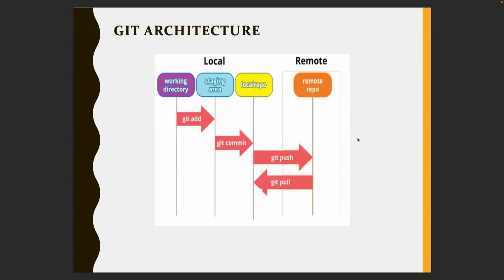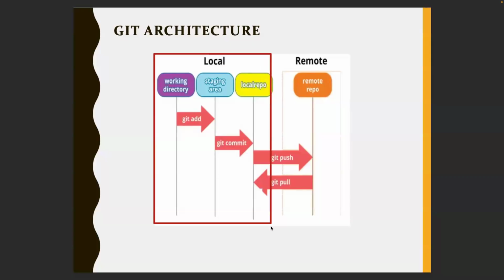Now, we understood the architecture of centralized and distributed version control systems. Now, let's get into the architecture of Git in particular. So, like we understood, this is the local repository, the local workstation of individual developers.